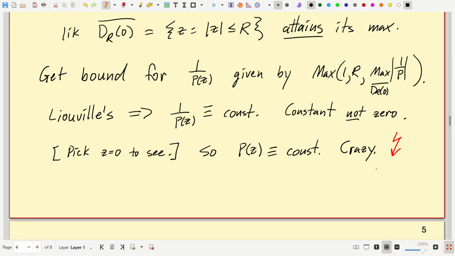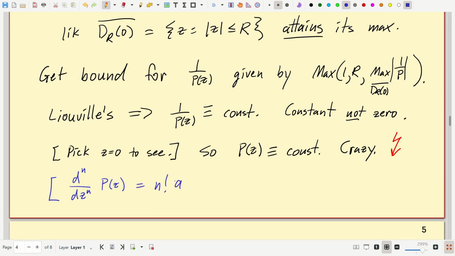But maybe I won't torture you any longer. Why couldn't it be constant? The simplest reason is to say that the nth derivative of P of z is n factorial times a_n, which is not 0.